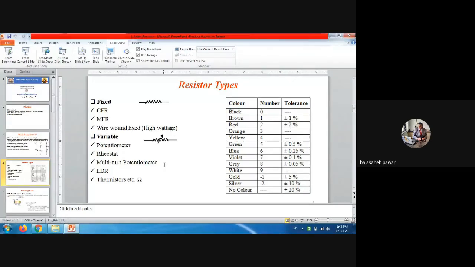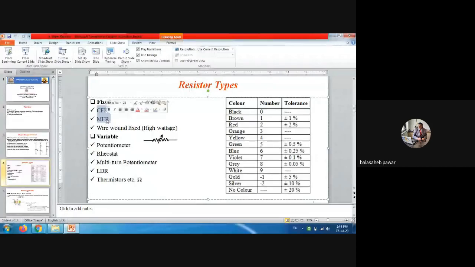Out of these three, mostly in our lab we use the first one, CFR, that is carbon film resistor; MFR, that is metal film resistor; and the third one, wire wound. CFR and MFR are most used in our lab.